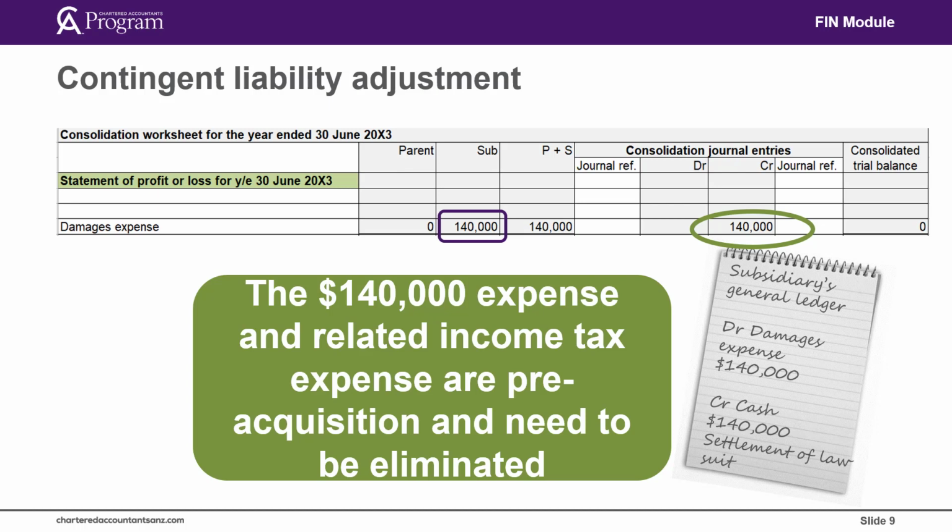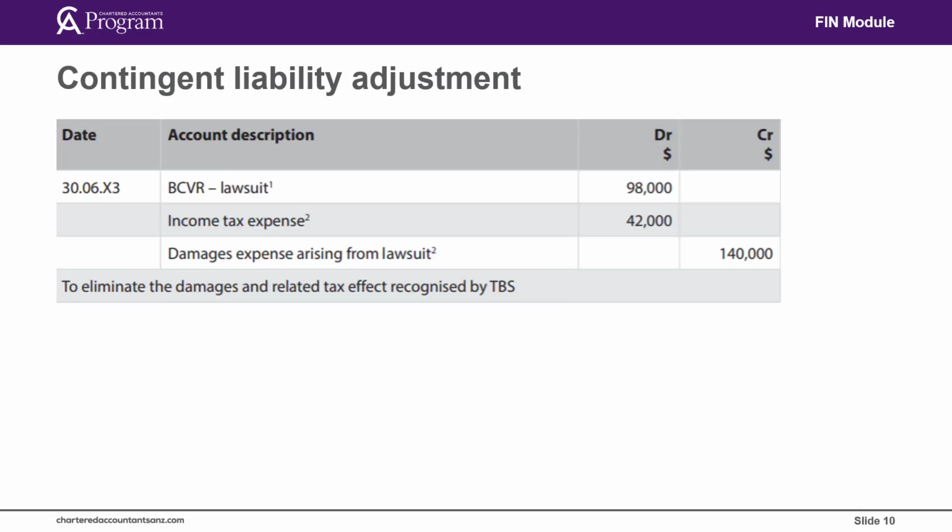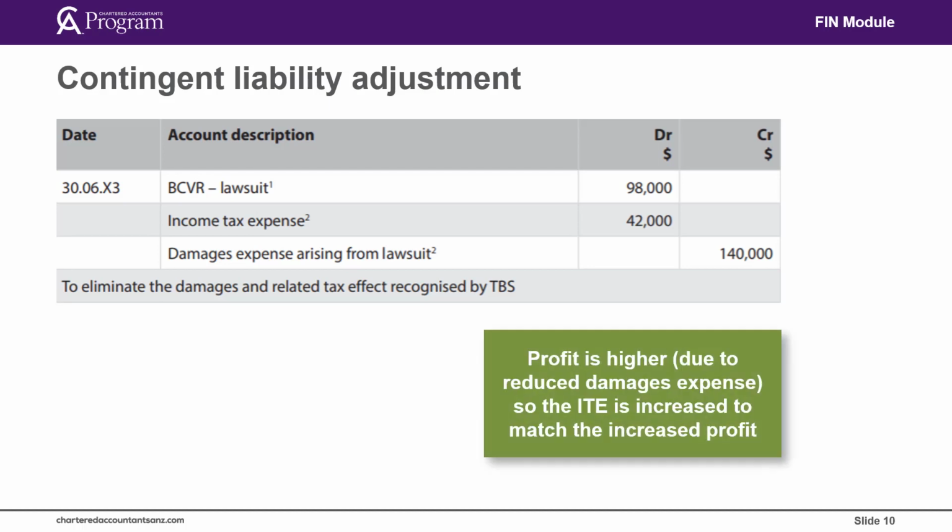We will need to eliminate the expense along with the related tax effect. The consolidation journal entry will credit $140,000 to the damages expense to eliminate it in order to bring the group's damages expense down to zero. Similarly, we'll match the increased profit with increased income tax expense by debiting $42,000 to income tax expense.